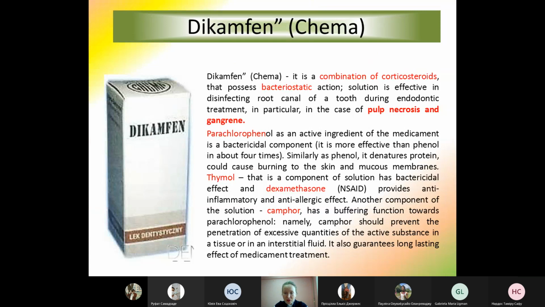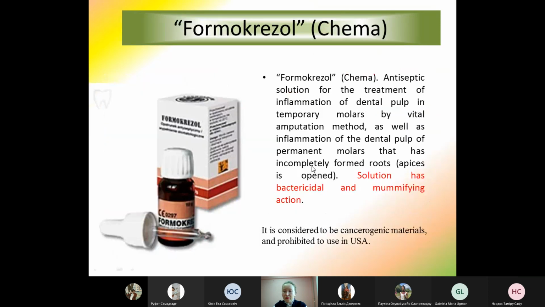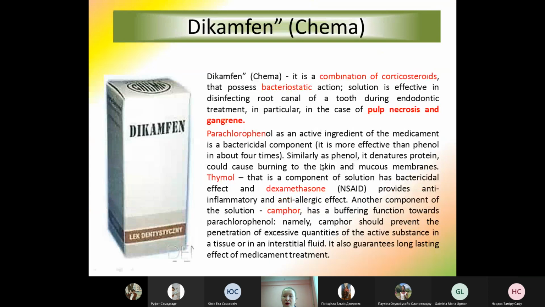It has a buffering function towards parachlorphenol, namely camphor should prevent the penetration of excessive quantities of the active substance in the tissue or in the interstitial fluid. It also guarantees a long-lasting effect of medicament treatment. So such material, Dicamfen Hema, once again, indication is for pulp necrosis and gangrene.